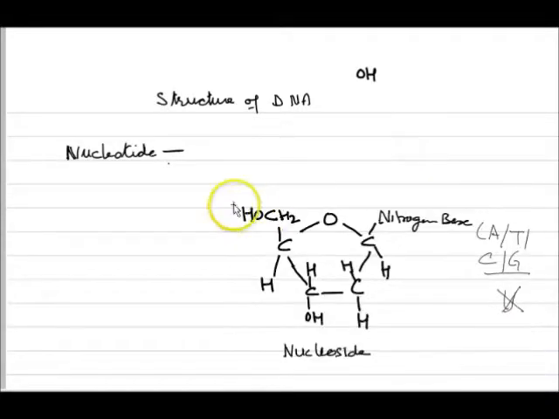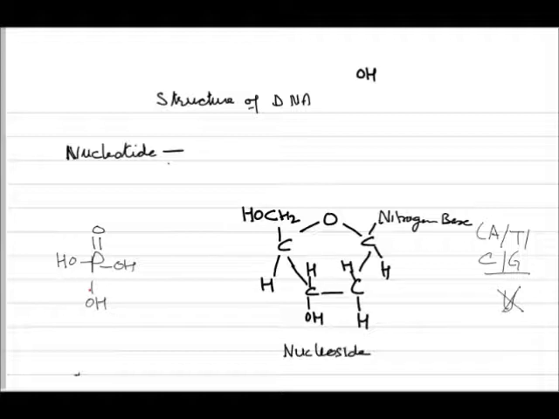Now this fifth carbon has an OH group, and this OH group is replaced by a phosphate group. What do we mean by phosphate? Phosphate comes from phosphoric acid. As you are aware, phosphorus has a valency of 5, as you must have studied in your chemistry classes. It has OH, OH, and another OH.